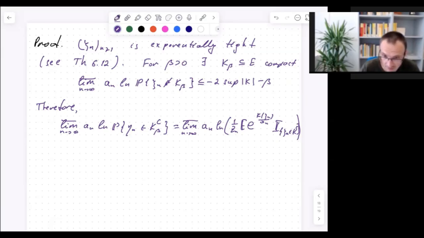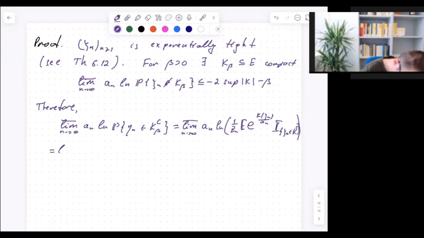Then you see that here you have a product. Therefore, you can write that as a difference of logarithms.